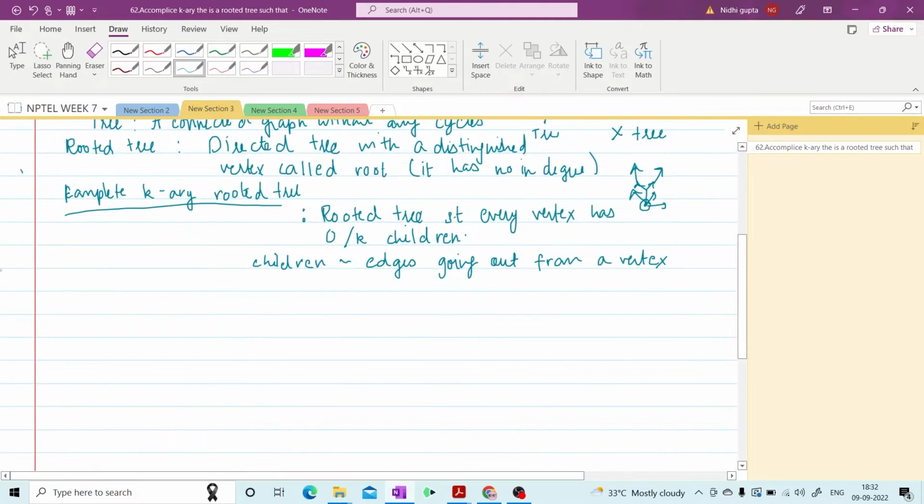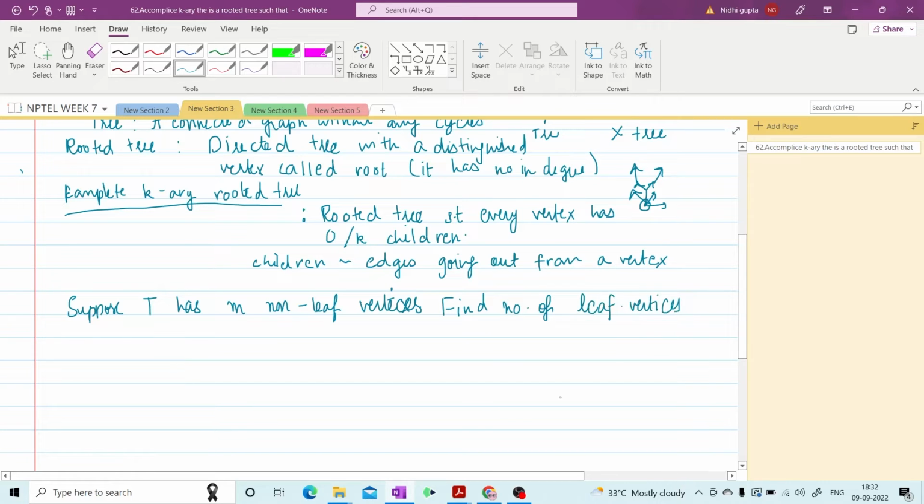So what is the question? Suppose T has m non-leaf vertices, find the number of leaf vertices, or in other words leaves.